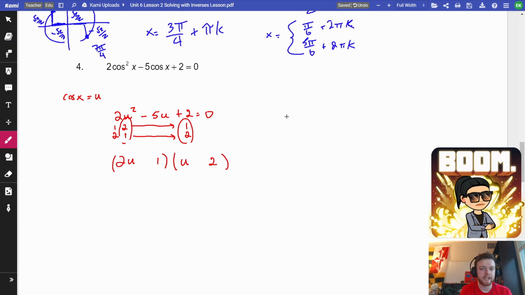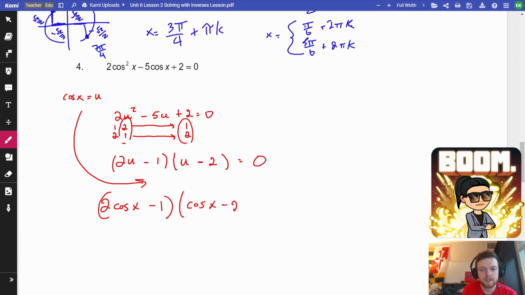And let's see, I need a negative 5, so I'm going to make both of these negative. Negative u, negative 4u gives me that negative 5u. Negative 1 times negative 2 is positive 2. We are in business. It does factor. Phew. Let's go ahead and sub back in: 2 cosine x minus 1.